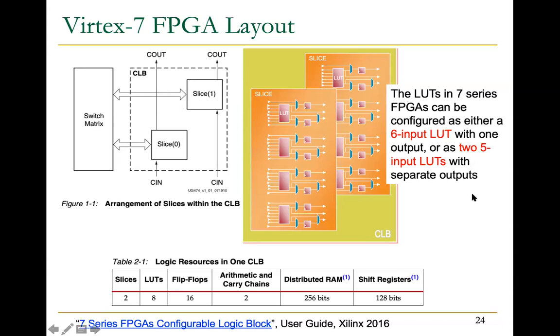So that is why we chose the Virtex-7 family at that time, in 2016. I think we started the implementation in 2015, and then we got the paper published in 2016, 2017. So yeah, that is for the FPGA implementation.